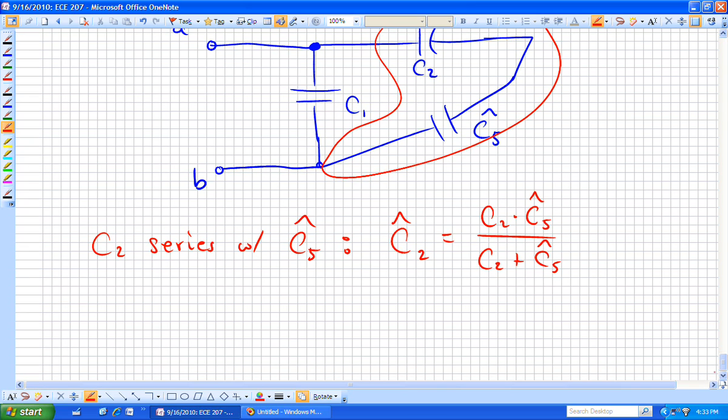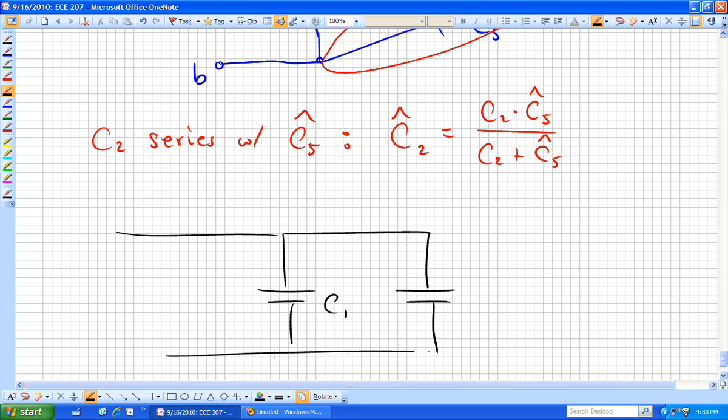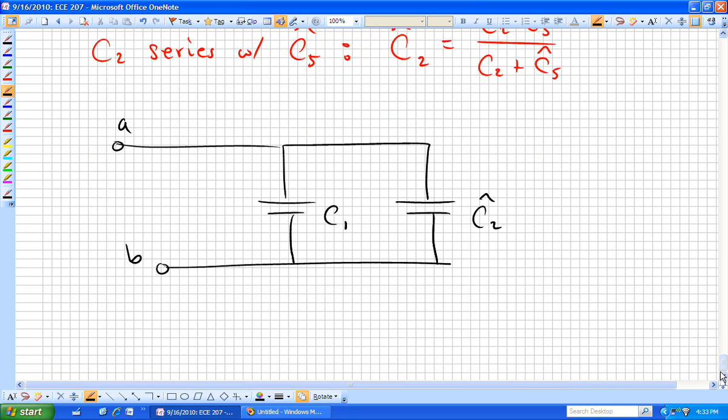Once I've done that, then I end up with my C1 and C sub 2 in parallel, which allows me to say that the final equivalent capacitor that I was trying to find is now this parallel combination of C1 and C sub 2 hat.